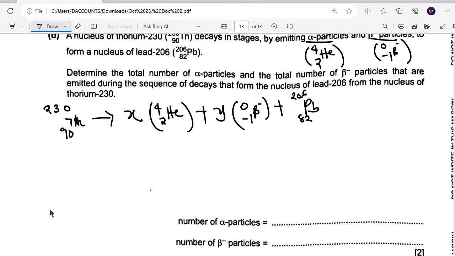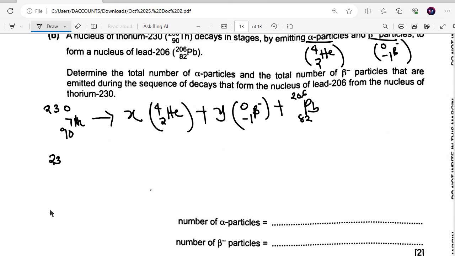What is X? What is Y? So from here, 230. Let me do it like this: 230 minus 206, 24.